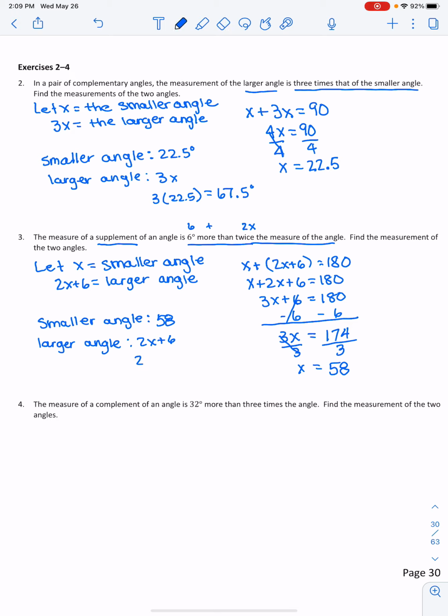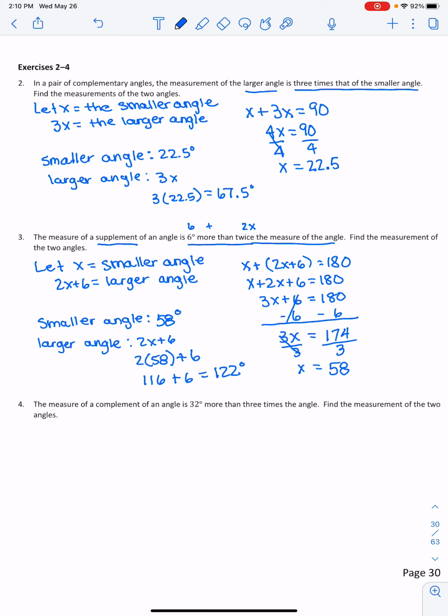So 2 times 58 plus 6. 2 times 58 is 116, plus 6 is 122 degrees. So 58 and 122 is 180. So yes, now that does work. So just don't assume, guys, that things are going to work out, because you can make a mistake. Make sure that it adds up, okay?